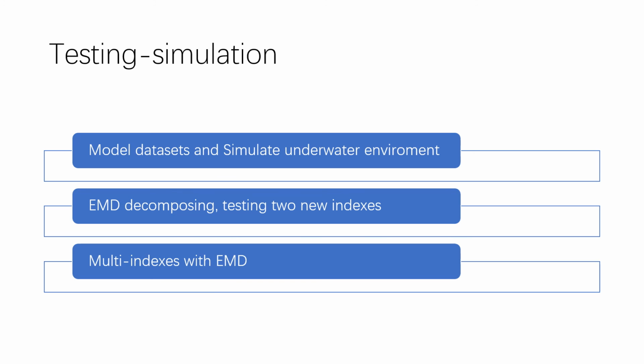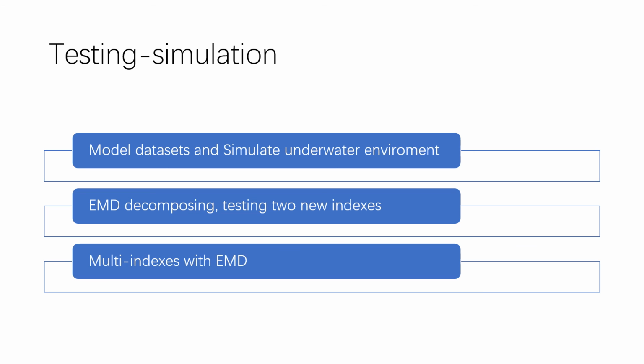And testing simulation. How to test them? I want to use simulation. The first step is to model these sites with different numbers of sound sources and simulate different underwater environments with different levels of noise.